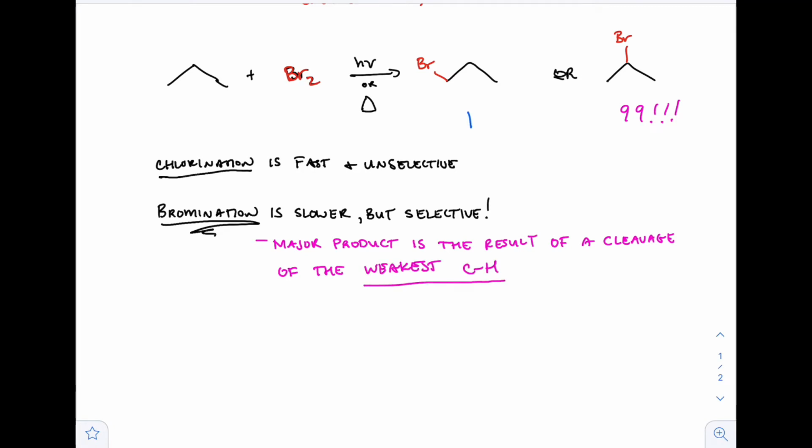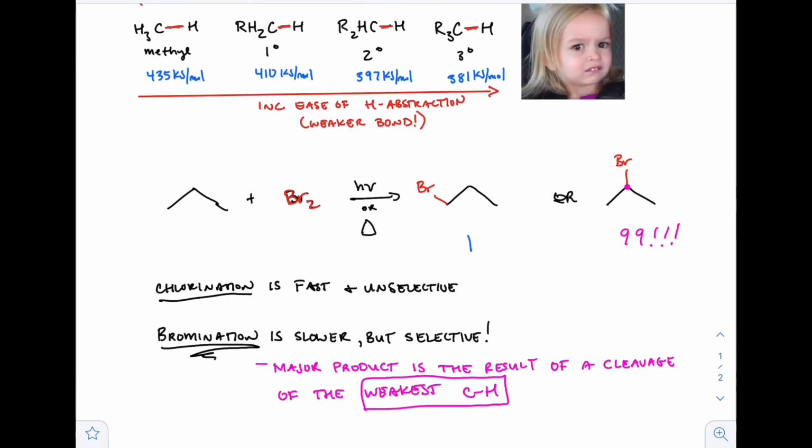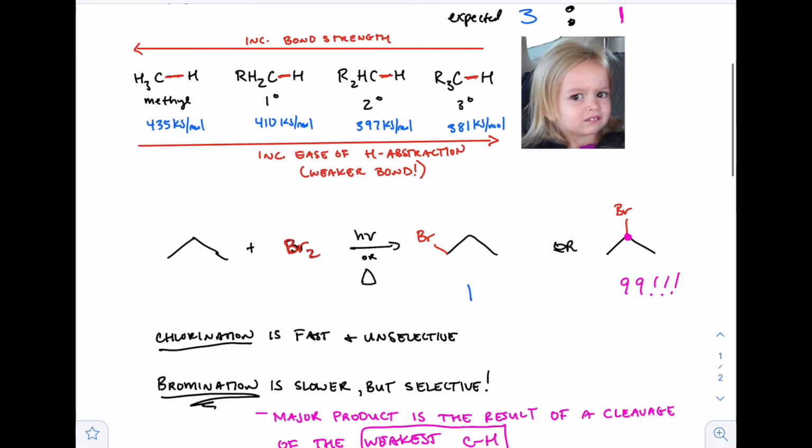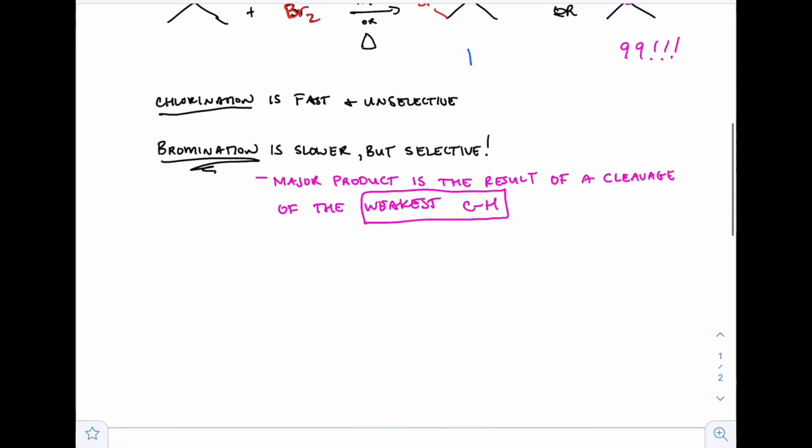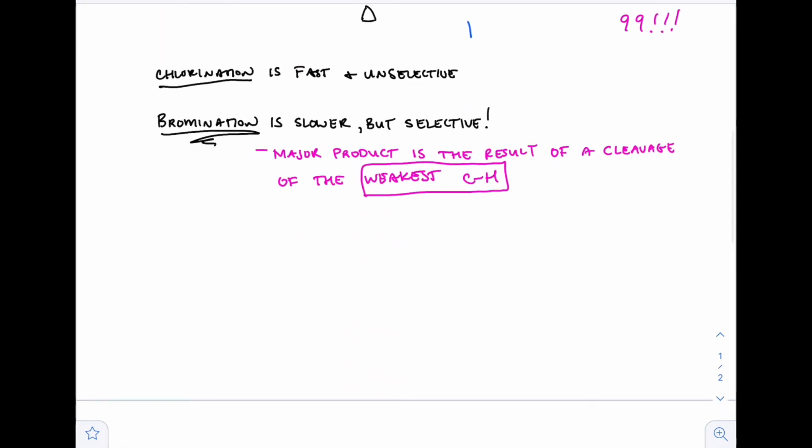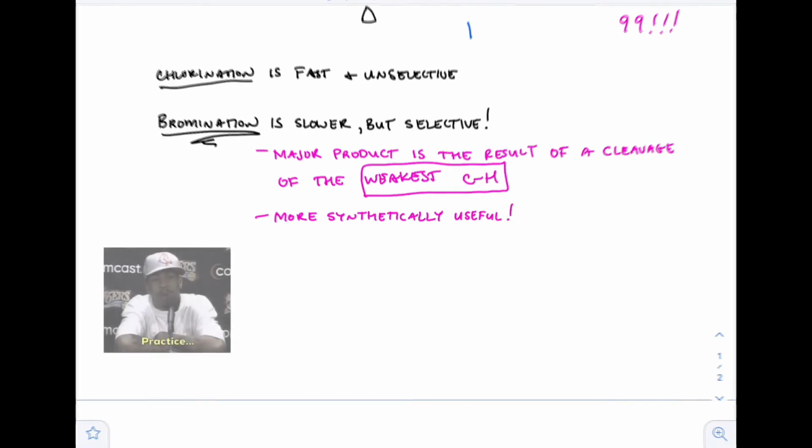So the major product is going to be the result of a cleavage of the weakest CH. That's why we see that secondary CH is 397 kilojoules per mole, which is 13 kilojoules per mole lower than the primary. So that's obviously going to be better. And so this makes bromination more synthetically useful, okay? So if you have the chance, do bromination.